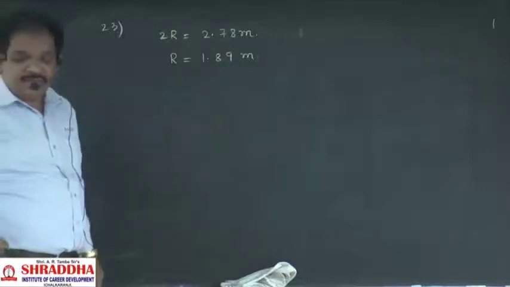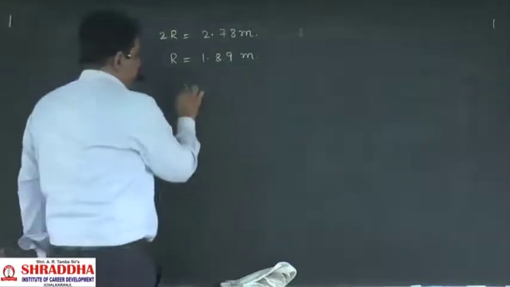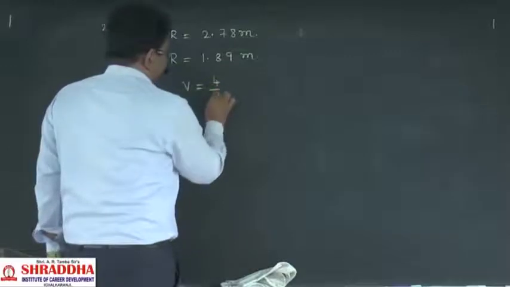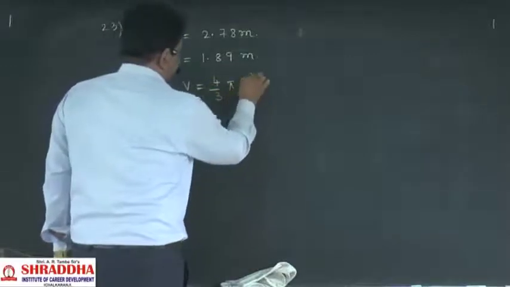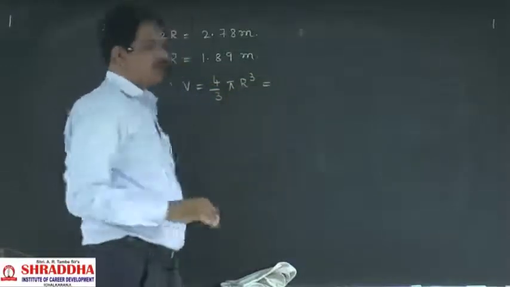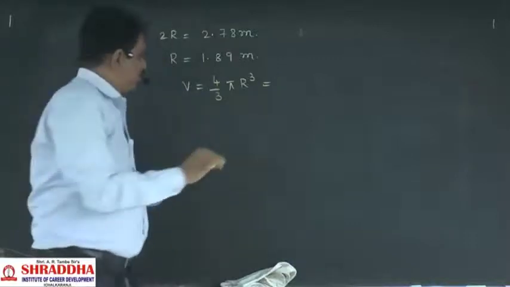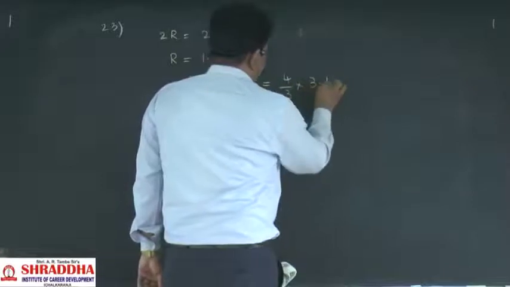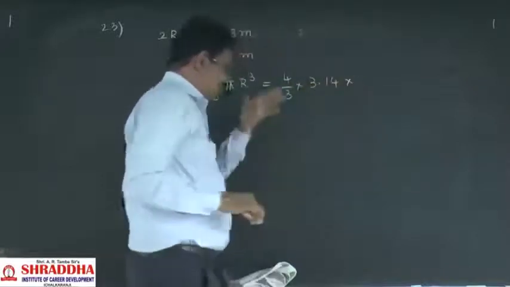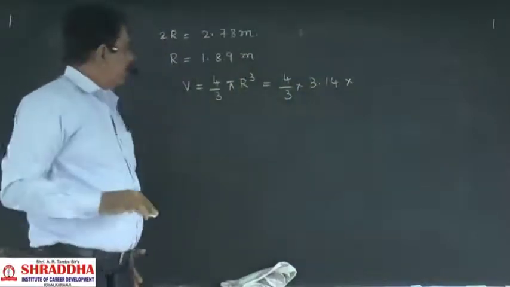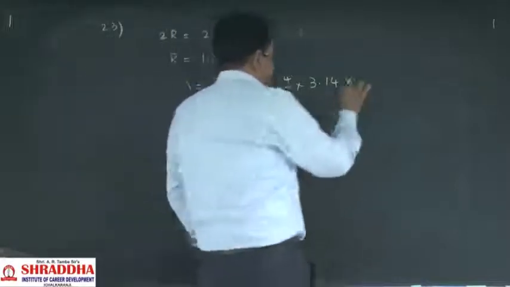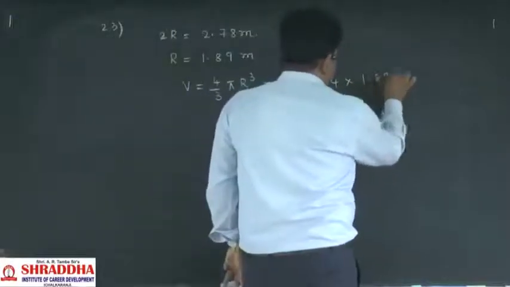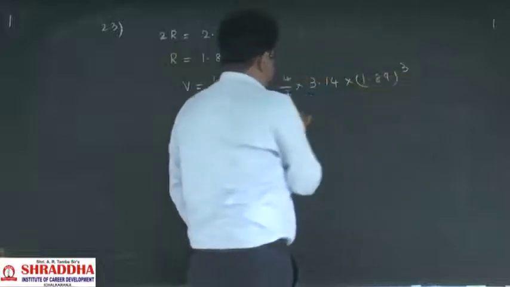Then what is the volume? Volume is equal to 4 by 3 pi r cube. That is the volume. So 4 by 3 into 3.14 into the radius value 1.89 whole cube.